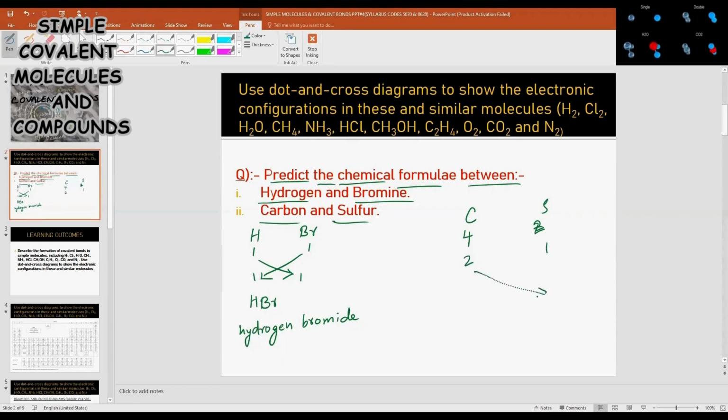Now, these subscripts will be exchanged. We'll get CS2. It is carbon disulfide. As there are two atoms of sulfur, so I will call it carbon disulfide.